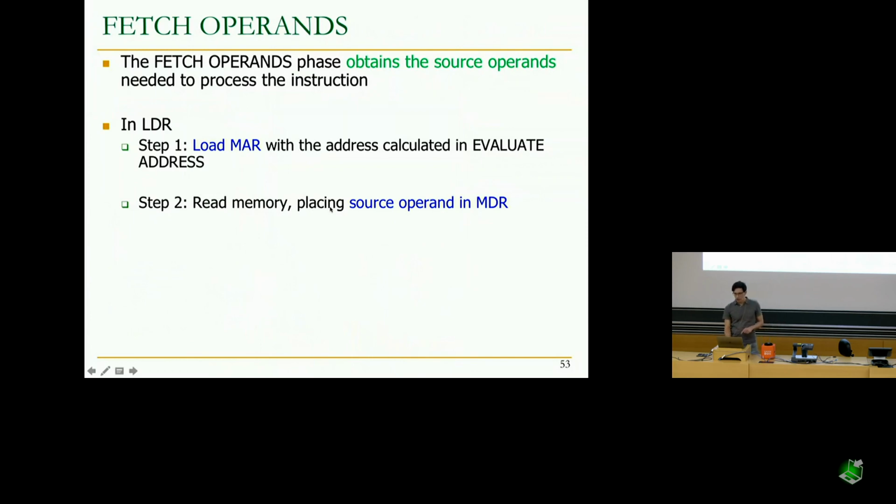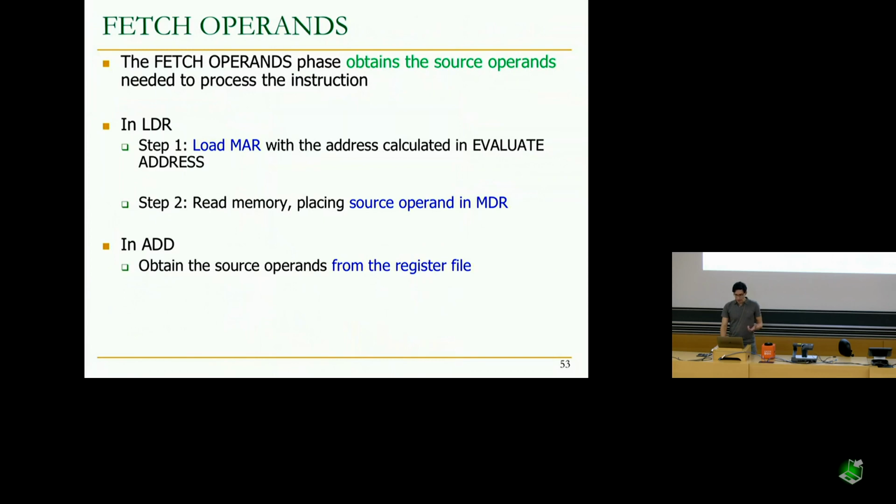Here it is called a source operand because the result that is stored will later be stored in a destination register and will for sure be a source operand in later instructions.